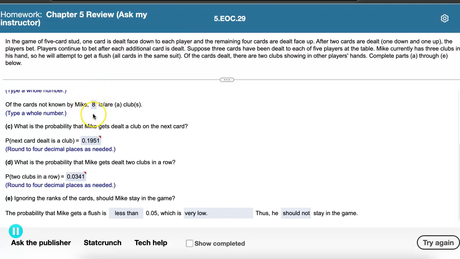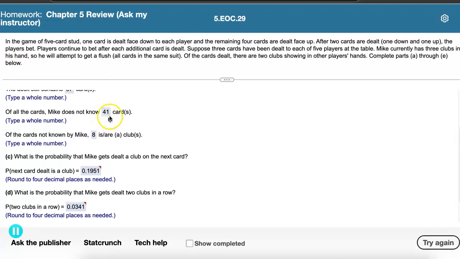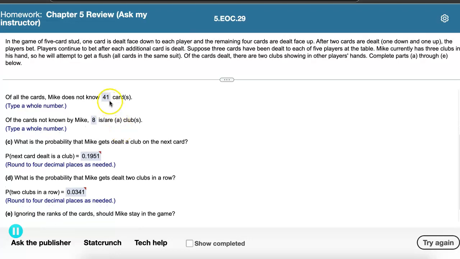There will instead be 7. And there will no longer be 41 cards altogether unknown. There will be 40. So it's changing the values of what we're looking at, but the fact that we're still going to find a probability is the same.